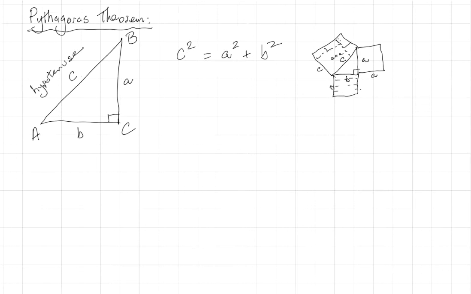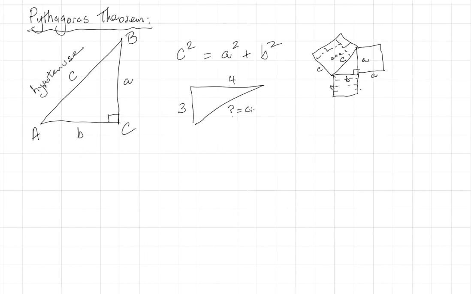It's quite powerful because it means that given any two sides of a right angle triangle, we can calculate the third side. So let's have a look at a few examples. Say we're given a right angle triangle, and we know that this is 3 and this is 4, and you're asked to find the value of the extra side.